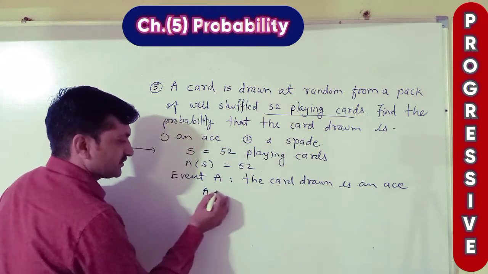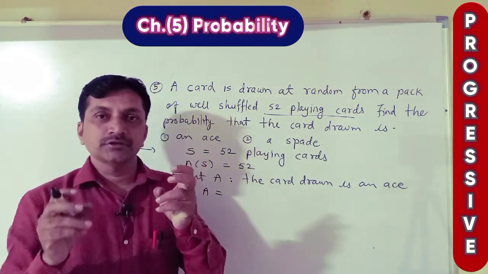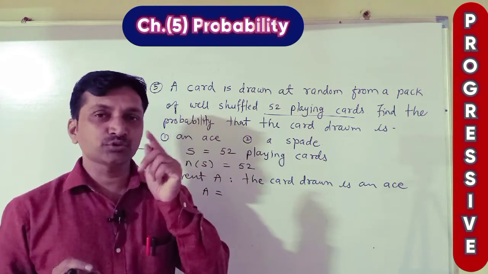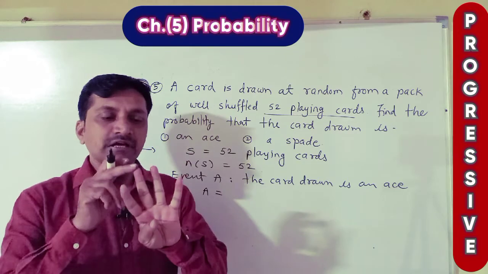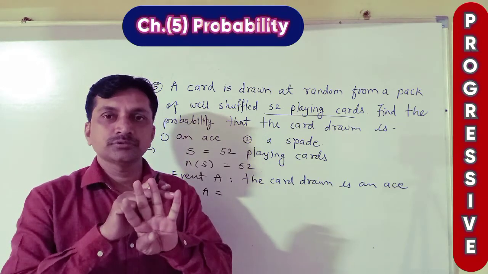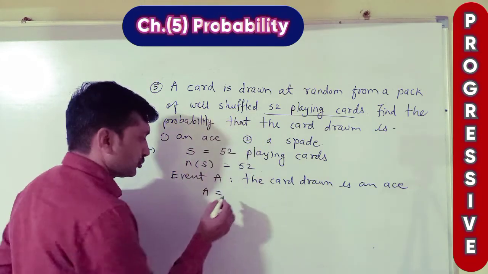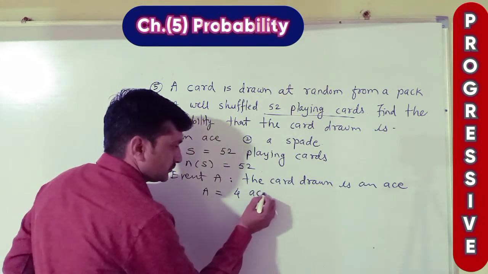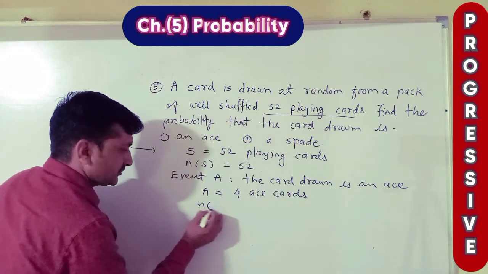Therefore A is equal to, now ace, how many aces are in the pack? In each group there is one ace. Which 4 groups? Heart, diamond, spade and club. In each set there is one ace. Therefore total 4 ace cards. Number of A is equal to 4.